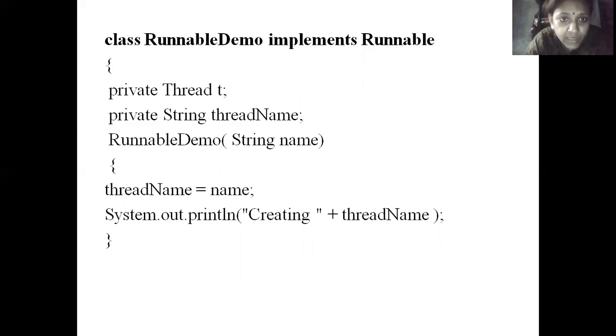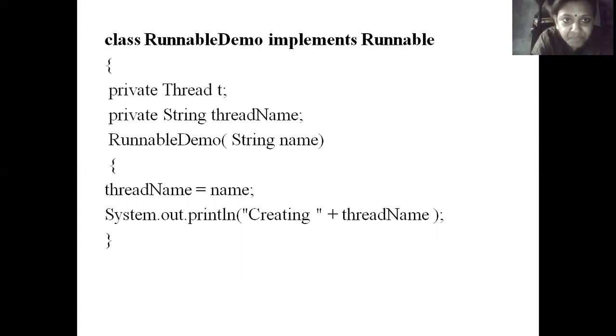We have declared it, and then we have our thread name also. It's a string, and the constructor takes the string name as a parameter. So we are assigning that name to the thread name, so our thread is getting one name. Then that line will be printed, creating that thread name.